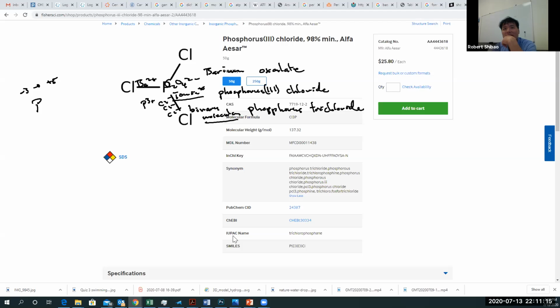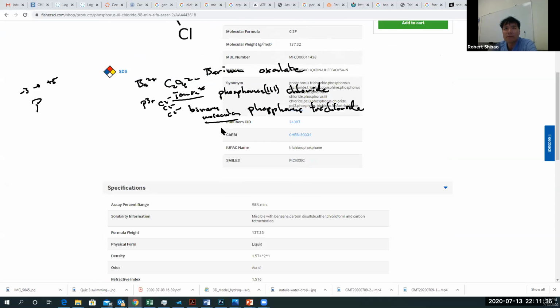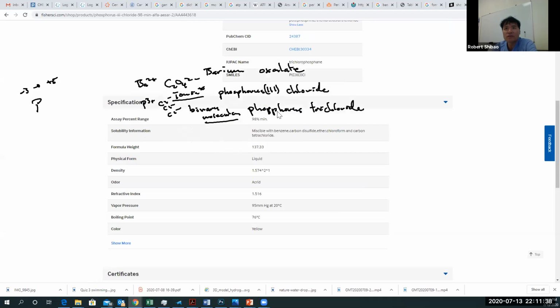There's IUPAC, the International Union of Pure and Applied Chemistry. They call it trichlorophosphane. Okay, we don't want to have to deal with too many names. But for our book, phosphorus trichloride is the preferred name for this stuff.